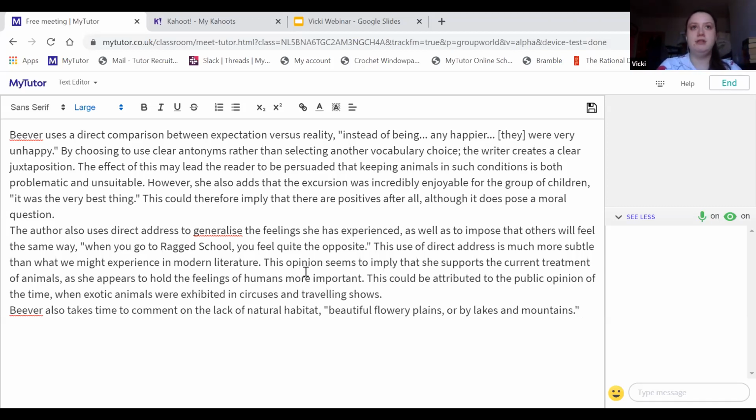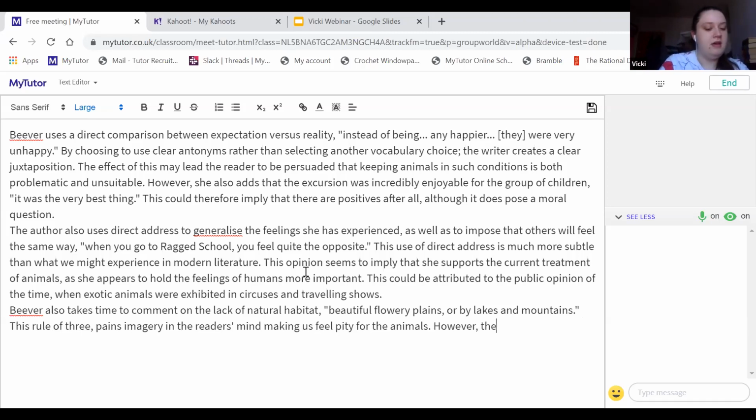Beaver uses direct address. So I'm just mixing it up a little bit so it's not exactly the same every paragraph. So I'm then going to say this rule of three paints imagery in the reader's mind. Then I'm going to give a personal response, which you can absolutely do, making us feel pity for the animals.